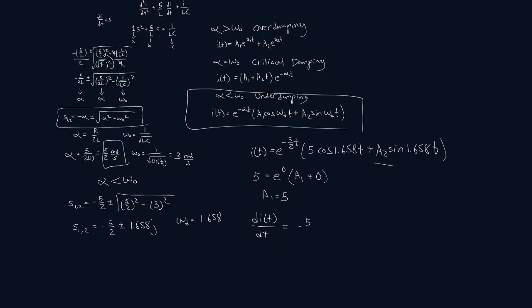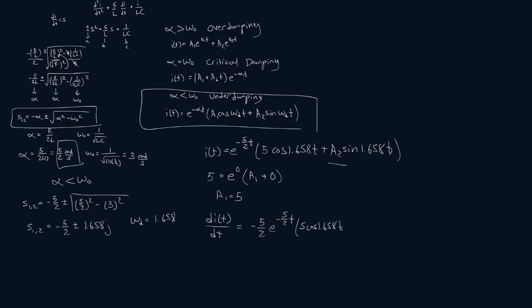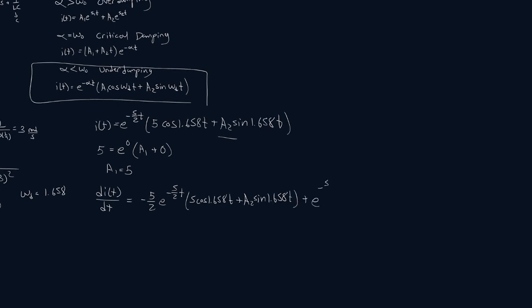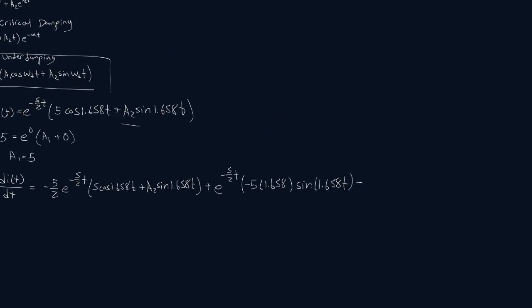So this becomes minus 5 over 2 e to the power of minus 5 over 2 t times (5 cos(1.658 t) plus A2 sin(1.658 t)), plus e to the power of minus 5 over 2 t times (minus 5 times 1.658 sin(1.658 t) plus A2 times 1.658 times cos(1.658 t)).